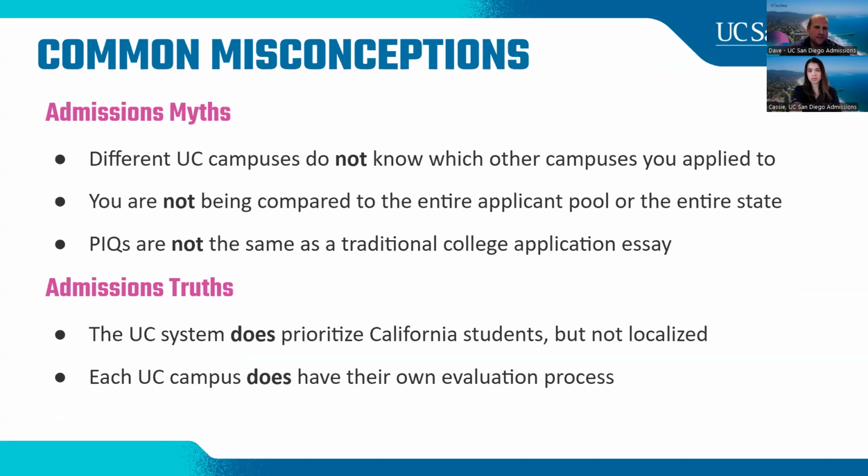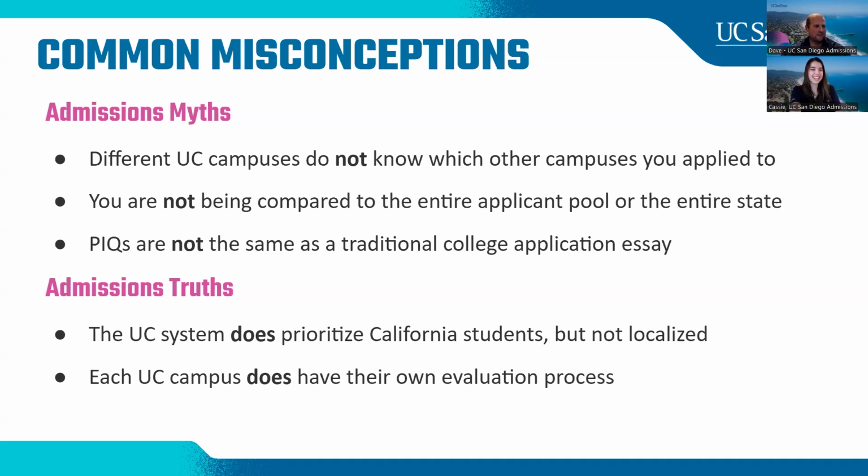The problem is that much of the information, or a lot of it at least, is not entirely accurate. So we would like to take this opportunity to talk about some of the most common misconceptions that we encounter when we're talking with students. So Cassie, could you talk about some of these misconceptions?